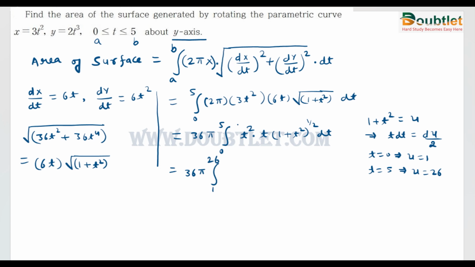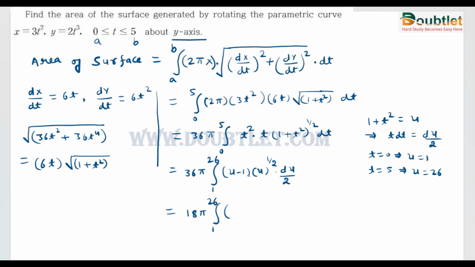Basically t squared we can write as u minus 1, multiplied by 1 plus t squared to the power 1/2, which becomes u to the power 1/2, and t dt is du by 2. If we take the constant outside, it will become 18 pi, with limits from 1 to 26.